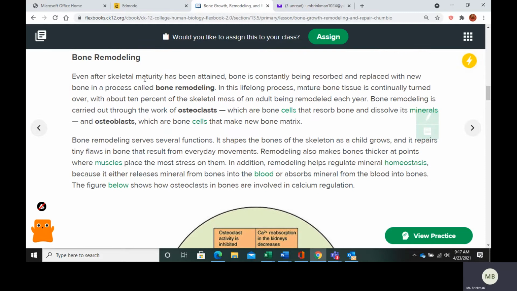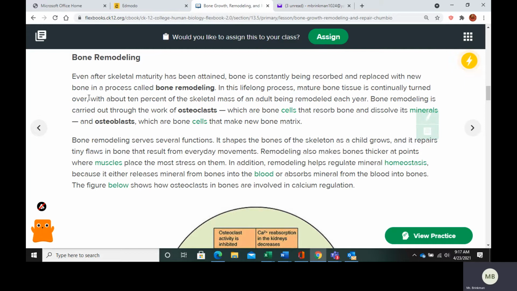So even after skeletal maturity, the bone is going to be resorbed and replaced with new bone in this process called bone remodeling. This happens throughout your life. Mature bone tissue is going to be turned over. It's going to be broken down, built back up.